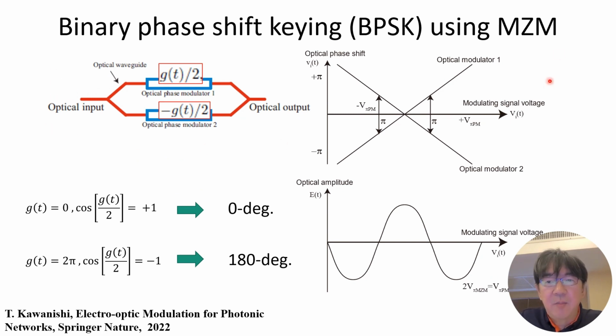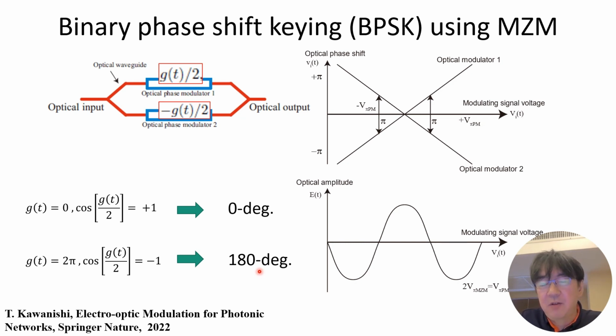Basically, the modulator can be used as an intensity modulation device or amplitude modulation device, but it can be used for binary phase shift keying. In binary phase shift keying, we use 0 degrees and 180 degrees.